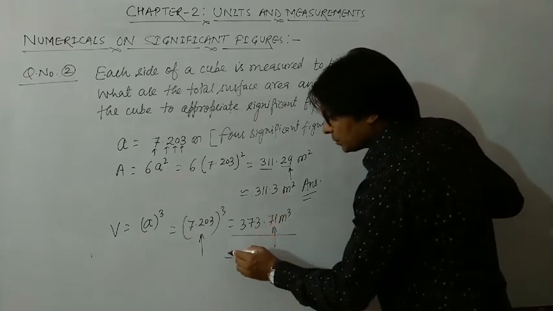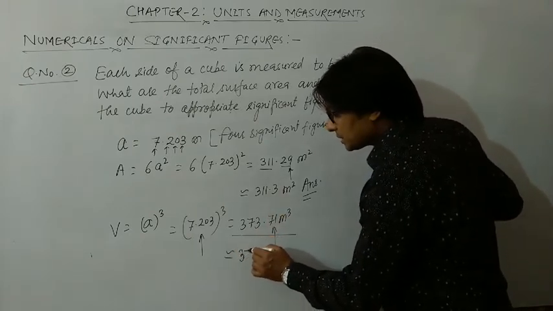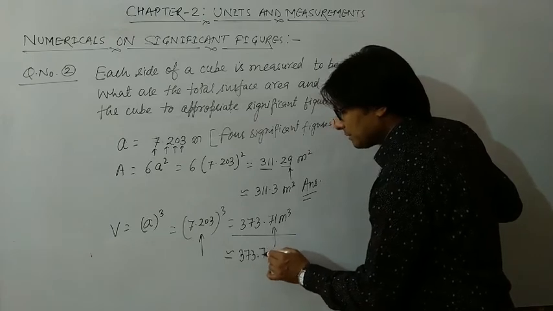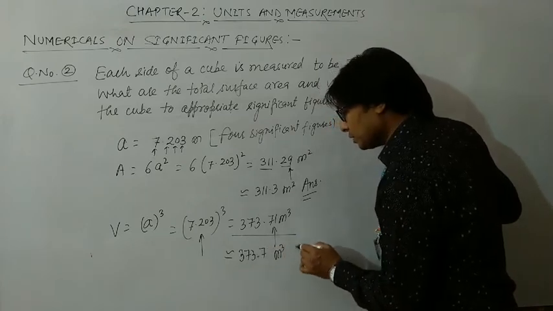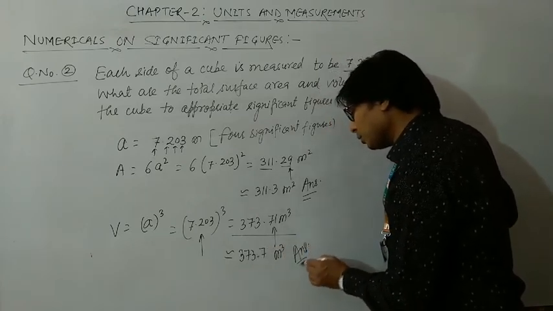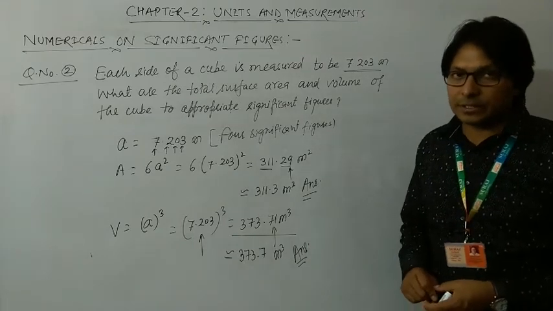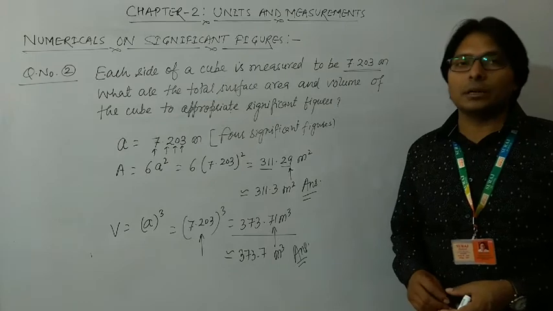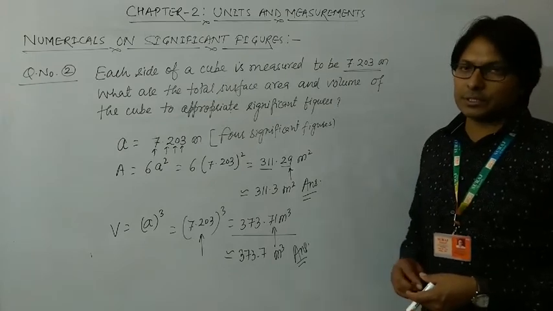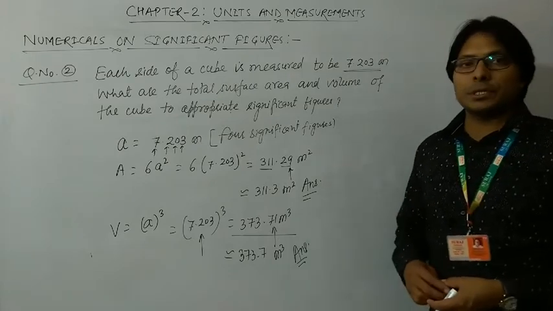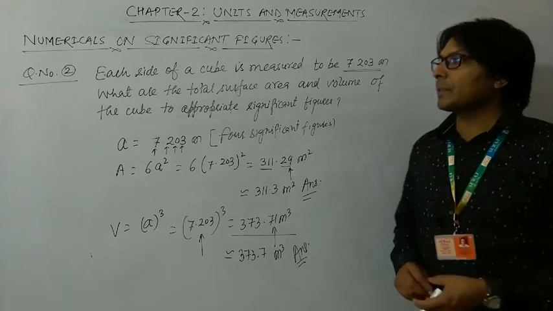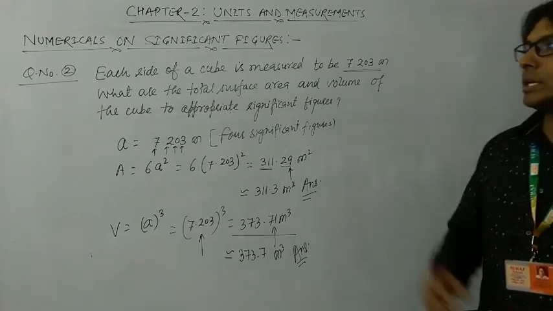So the rounding of this number will be 373.7 only. So this will be the volume of the cube up to 4 significant figures, after considering the rounding of the numbers. I hope you understand this question. And now we are coming to the next question.